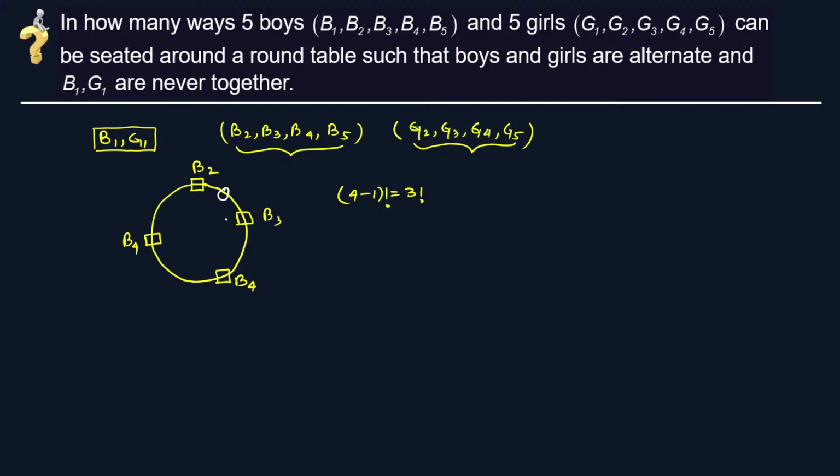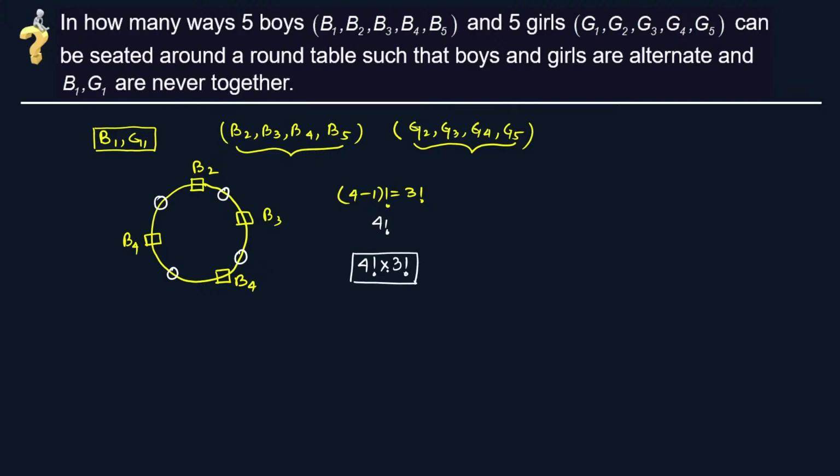So there are 4 seats in between, and the 4 girls can be placed in these 4 seats in factorial 4 different ways. Therefore, the total number of ways in which these 4 boys B2, B3, B4, B5 and these 4 girls G2, G3, G4, G5 can sit alternately around the round table is factorial 4 into factorial 3. Am I correct?